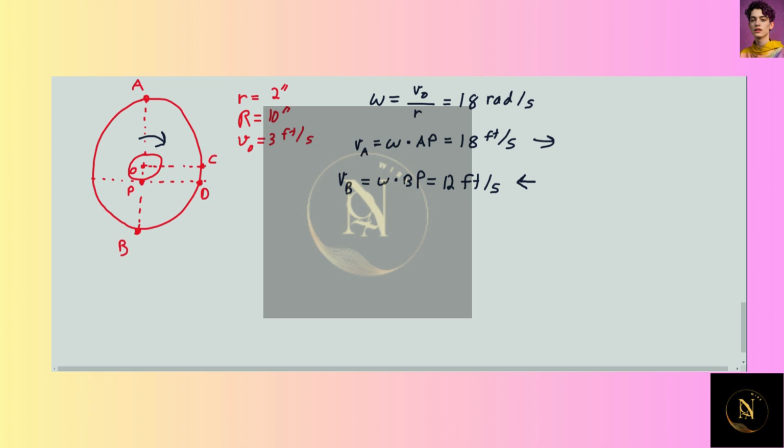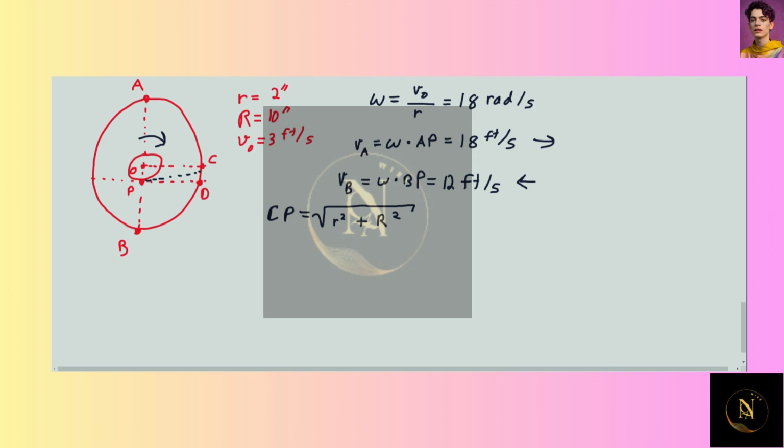Then we'll have to be more careful when it comes to calculating the distance PC, and then later on PD for the last parts of this. So the distance CP here we can get by using a Pythagorean theorem, which will just be the square root of little r squared plus big R squared, since CP is just this line right here.